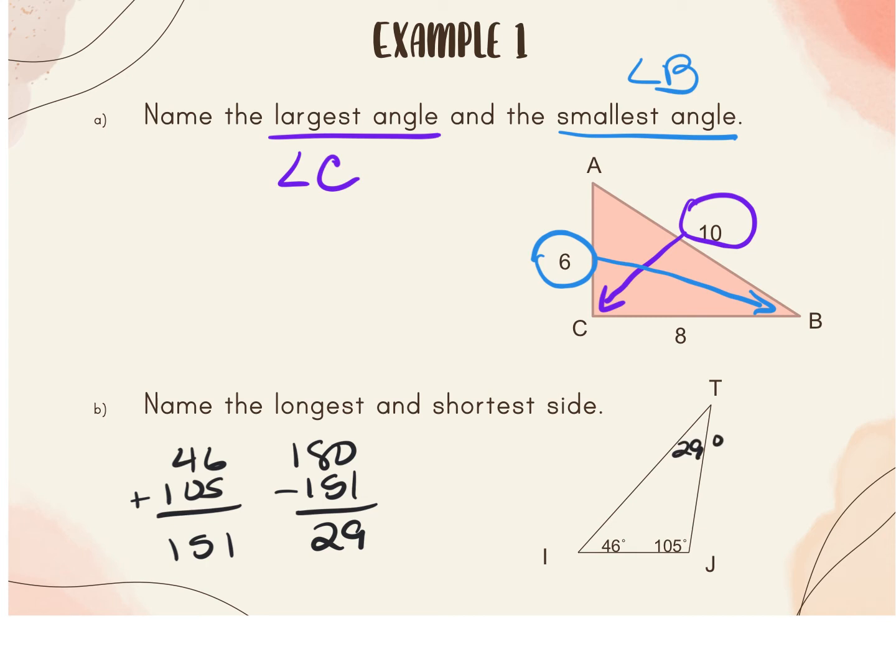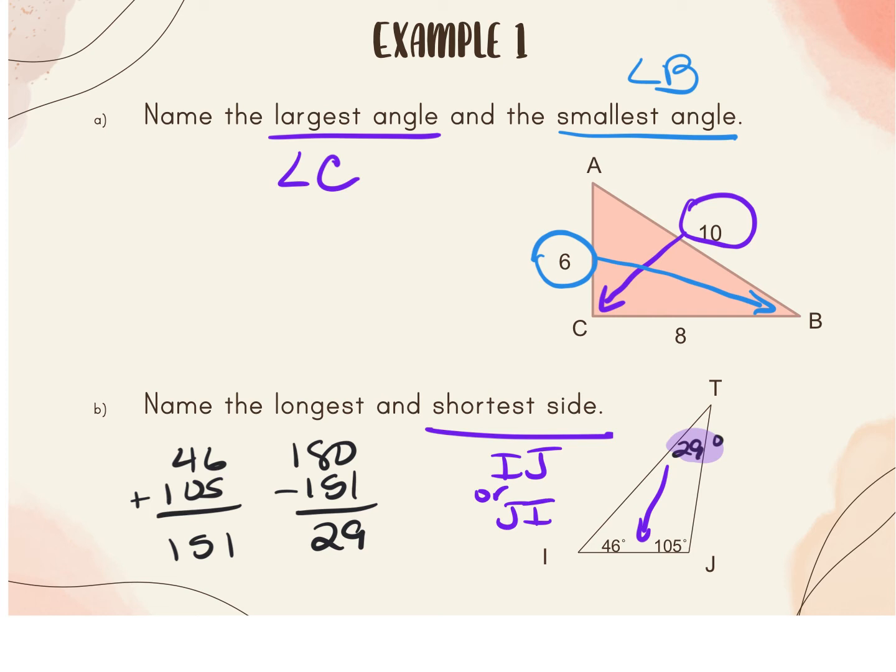Notice by finding that missing angle, it made a difference because 29 is my smallest angle. So that is going to help me find the shortest side because 29 is the smallest angle. So the shortest side is going to be IJ, or you can say JI.